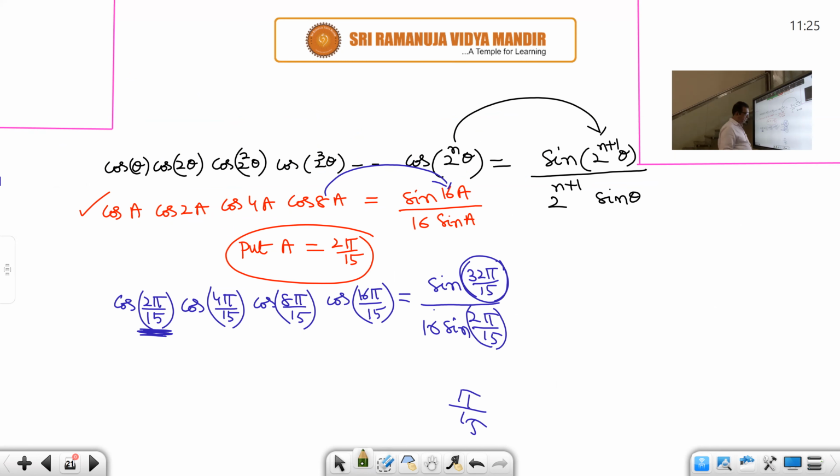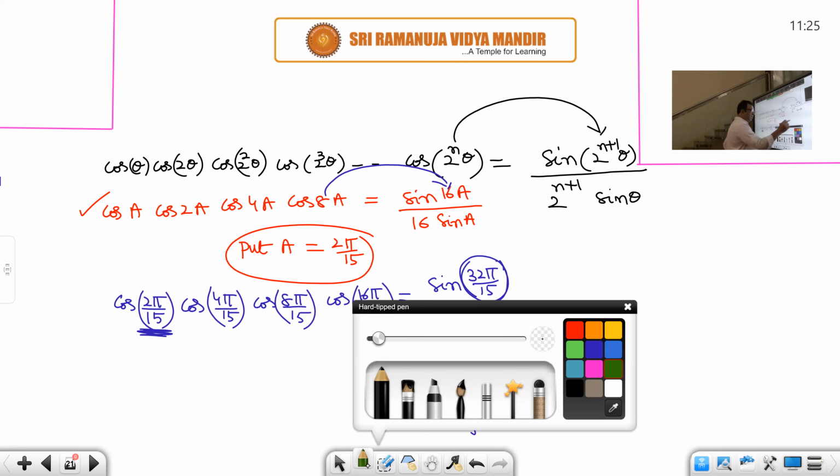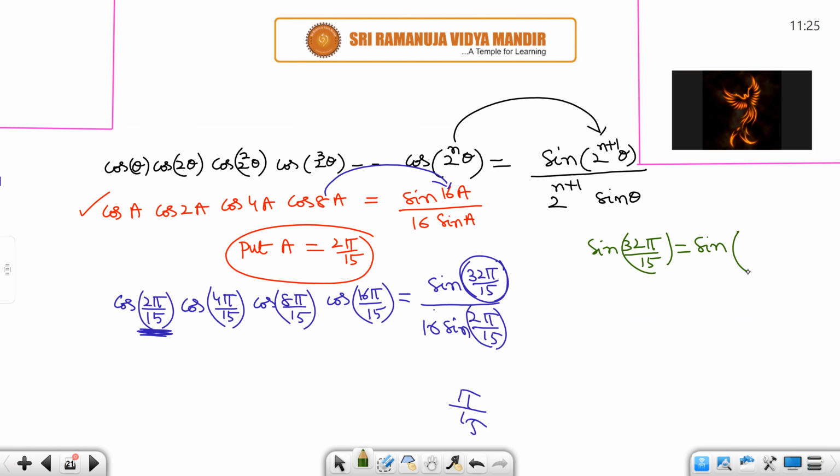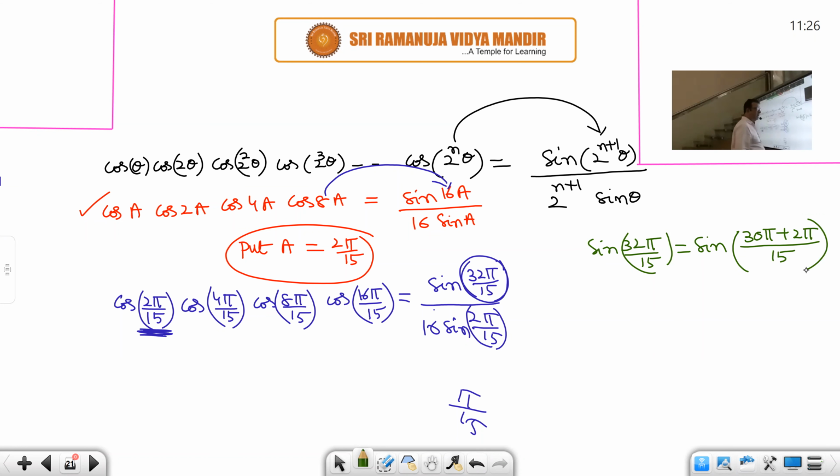So how do you prove that they are equal? Prabhas, sine 32 pi by 15, how do you write it? 30 pi plus 2 pi by 15.